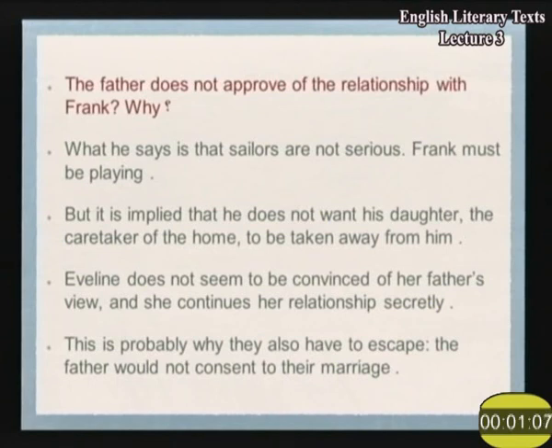And so, by that time of the story, we know that Eveline is in this conflict between her family and her love, to stay in Dublin or to go with the man she loves into a distant country.